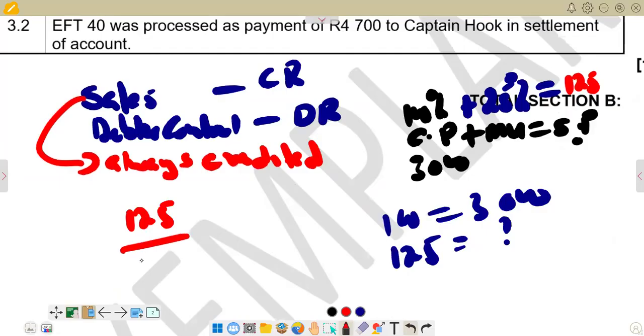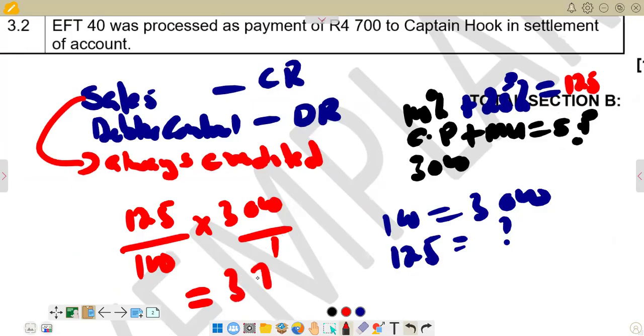What we have is a denominator, which is 100. The numerator with the given figure, which is 3,000 over 1. Then we calculate it as such to see that the figure that we are going to get is 3,750. So this is our selling price. So this is the figure that we are going to debit and credit there, 3,750.